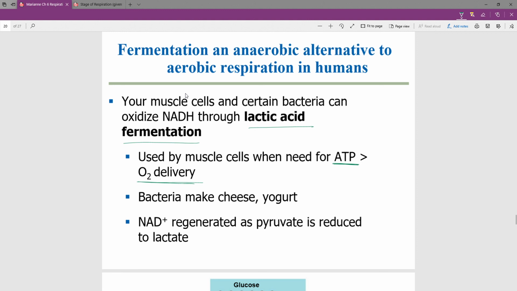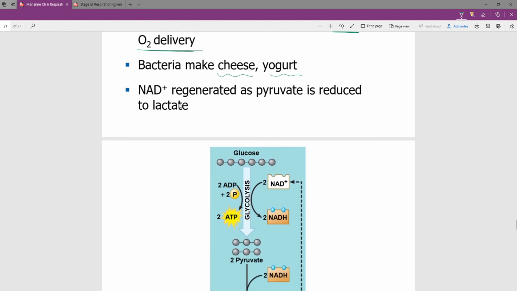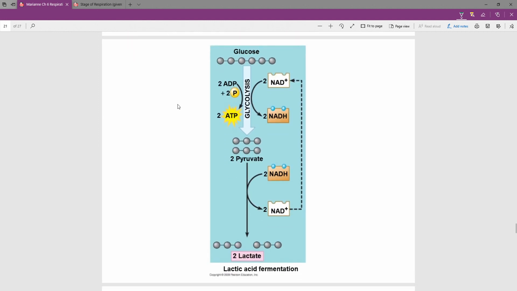Outside of humans, it is in cheese or yogurt, and it is that kind of tangy taste because it's acidic. And really what's happening, I like the picture of this one. So we know that glycolysis doesn't require oxygen. And we also know that there is a slight ATP payout.